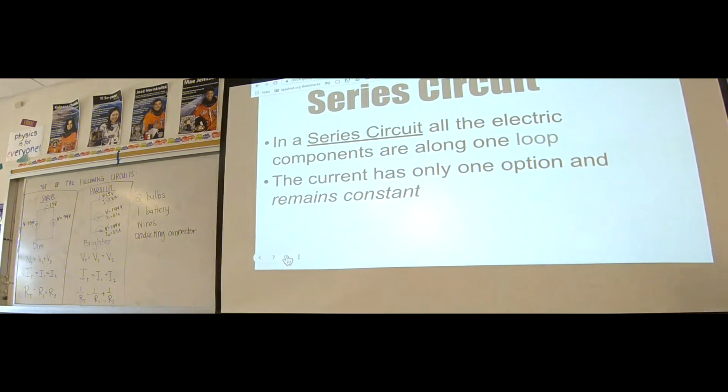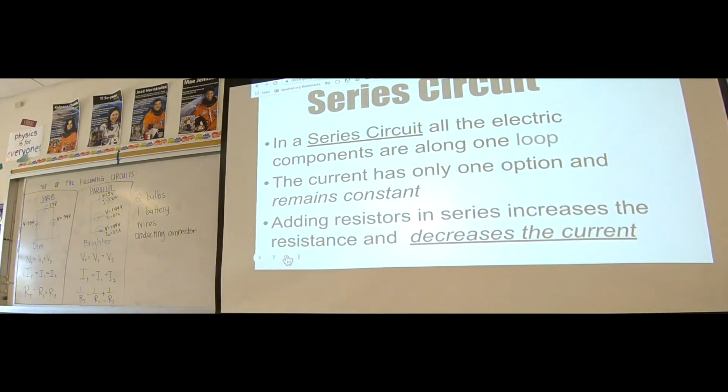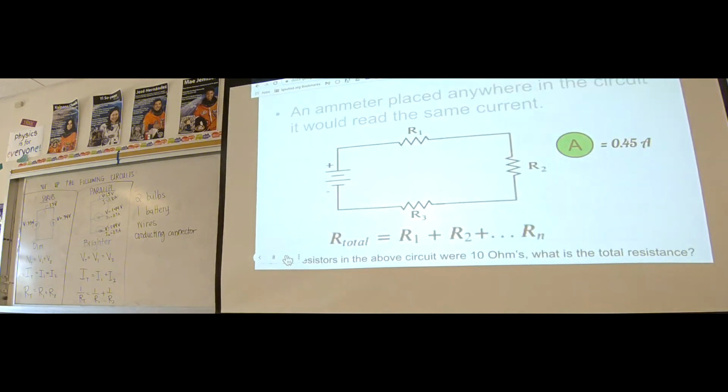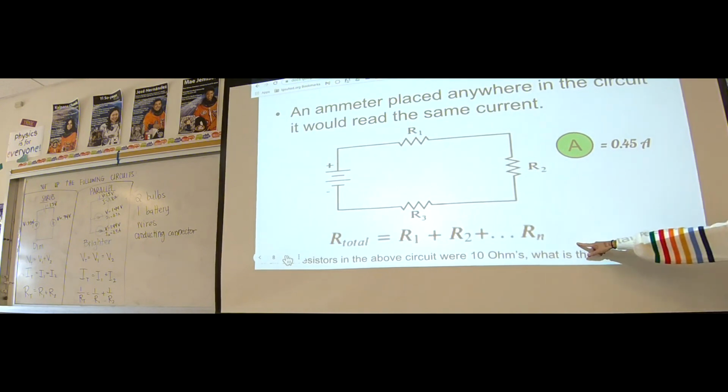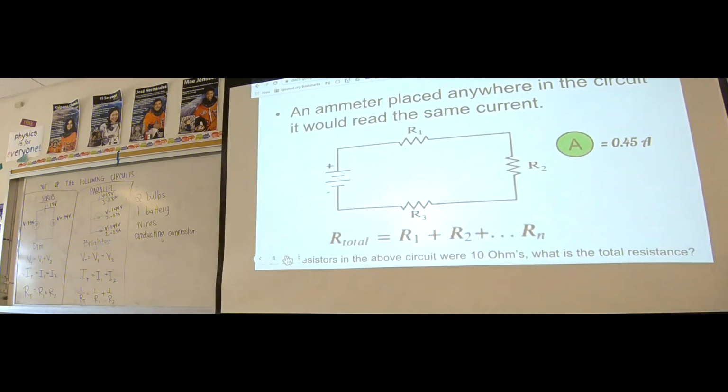And the resistors, if you add them together, it increases the resistance and it decreases the current because they're inverses of each other. Now for a circuit like this, as I stated, the resistor total just adds up. And if you look at the ammeter, which was the image I showed you, it's always going to stay the same, which is 0.45 for this scenario.